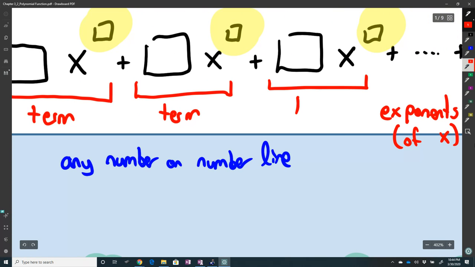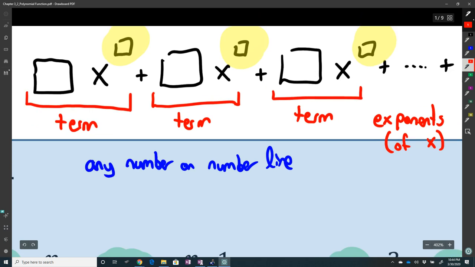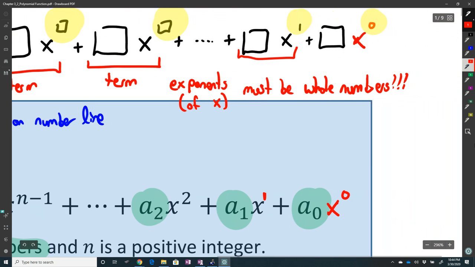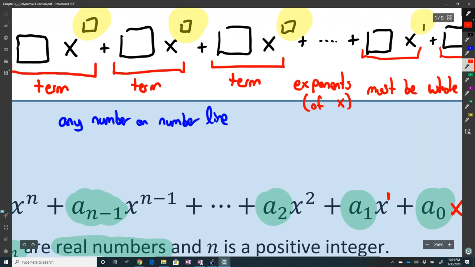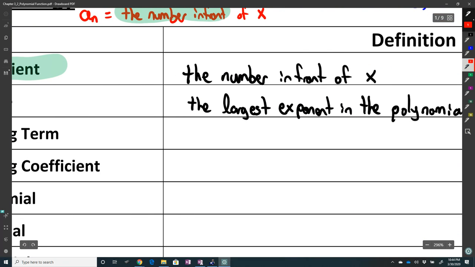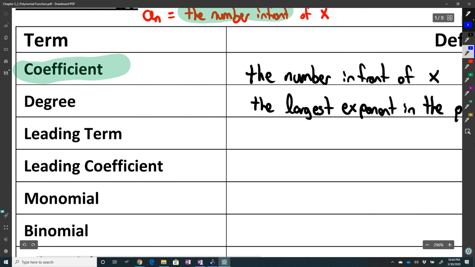All of this would be a term. And then same thing here. This would be a term. This would be a term. So a term is the coefficient x to the exponent. Okay, so that is considered a term.